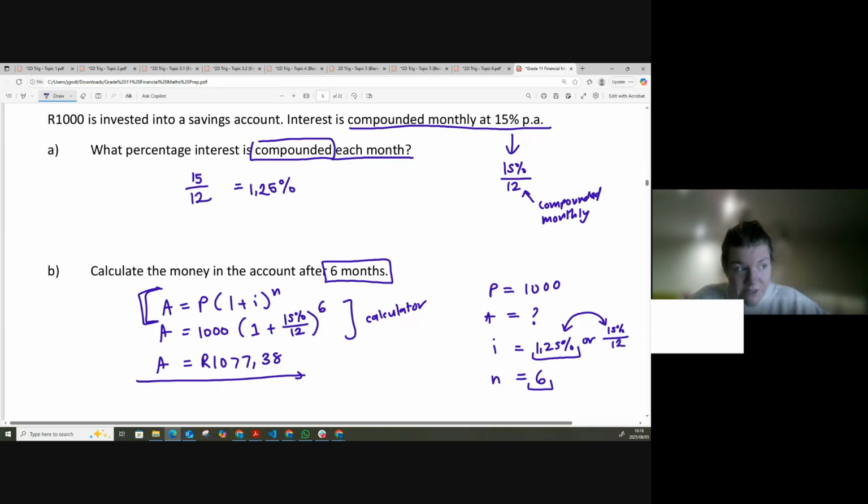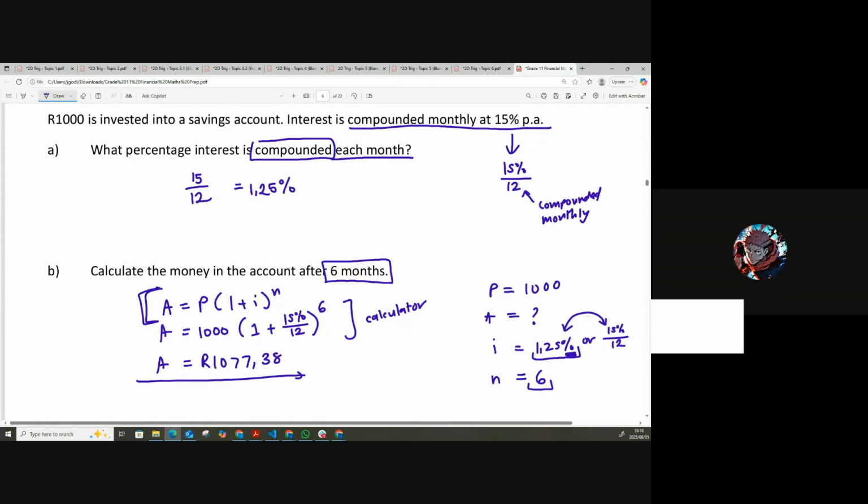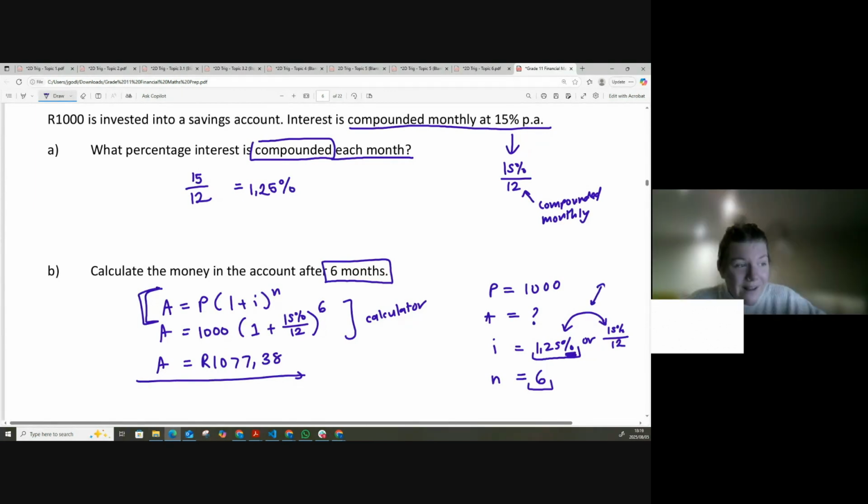Yep, absolutely. But remember, that's why this says percentage. So another way of writing 1,25% is 0,0125. That will mean the same. The N, this was the problem with grade 10.